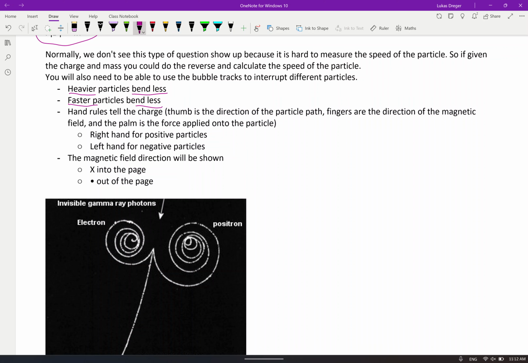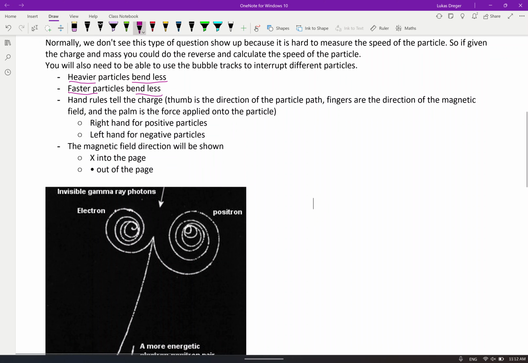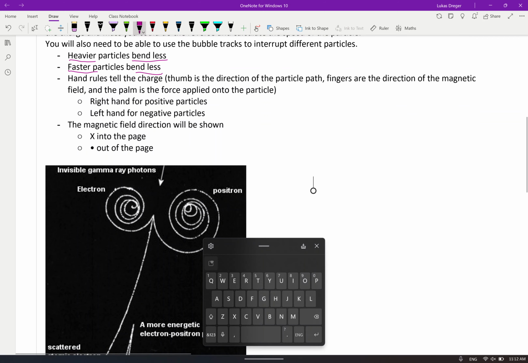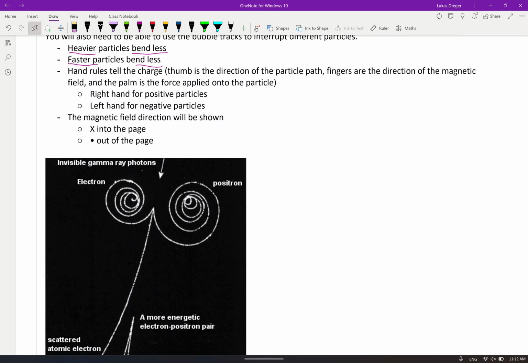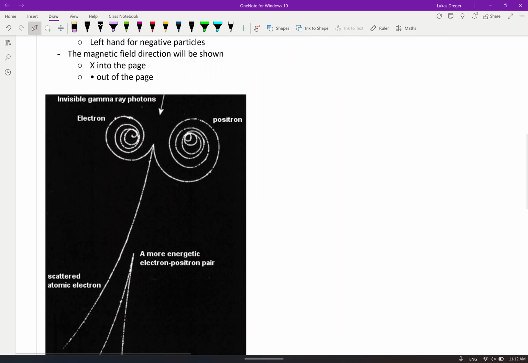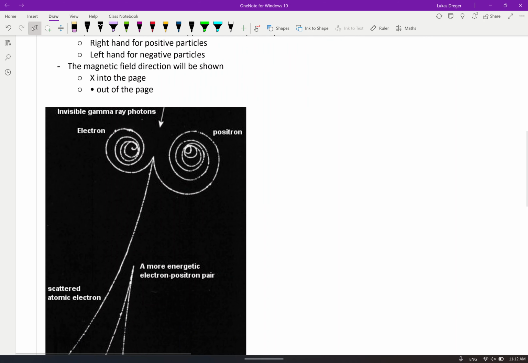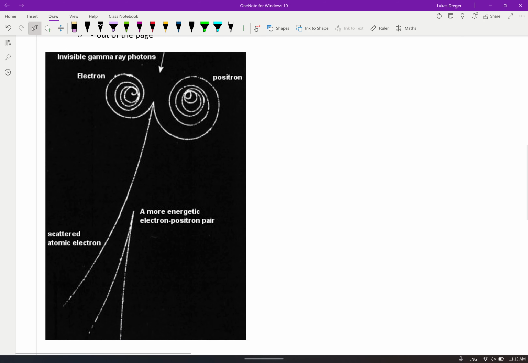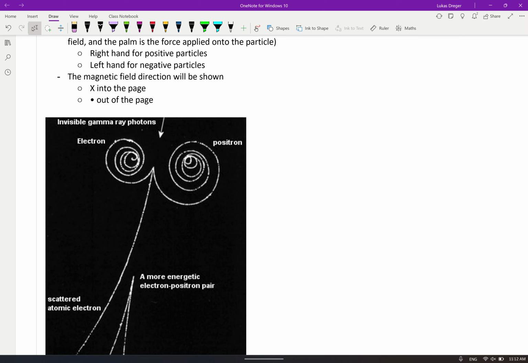Also, it's important to know that the hand rules tell us the direction of the particle path. The fingers are the magnetic field, the palm is the force applied onto the particle, and so on and so forth. We should also know that the X means it's going into the page, and the dot means it's coming out of the page.